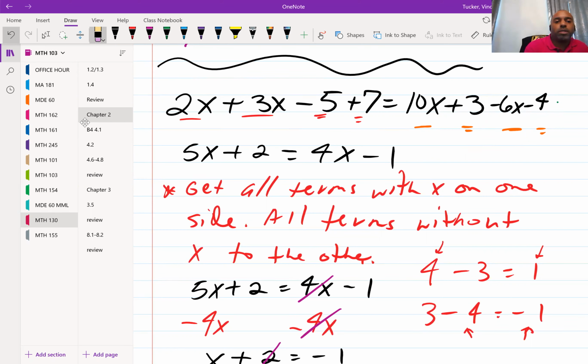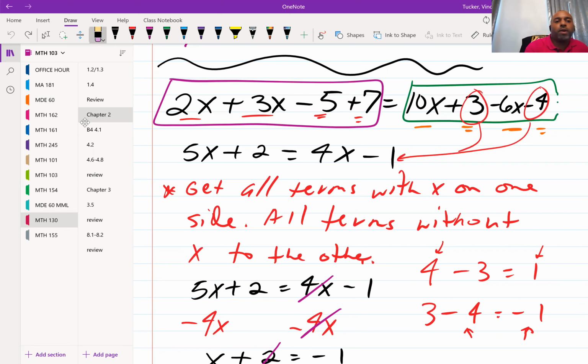All right, so once again, best practice is to get everything over here simplified as much as possible, then simplify everything over here as much as possible before you move anything across your equal sign. So over here, I have 2x plus 3x, which is 5x, and then negative 5 plus 7, which is 2.